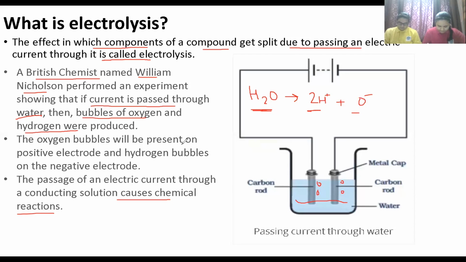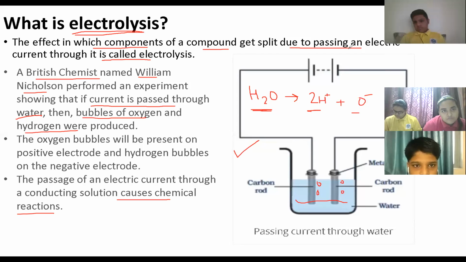This process of separating components by passing current is known as electrolysis. Remember this word. Separation of the components by passing of electric current is known as electrolysis. Hope you all are clear with this.